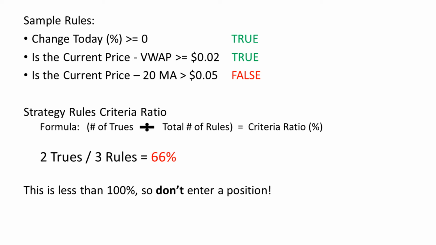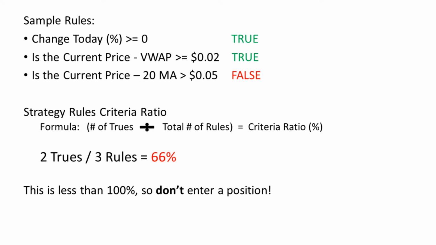There's a formula at the bottom of that function that sits there and looks at all the strategy rules that are active, okay? And it says, okay, what's the total number of rules? How many of those were true? So true versus false, because that's what these mainly are. Is it true or false?